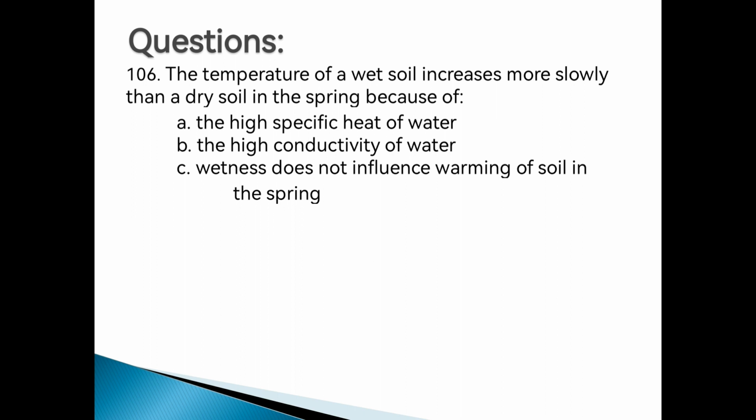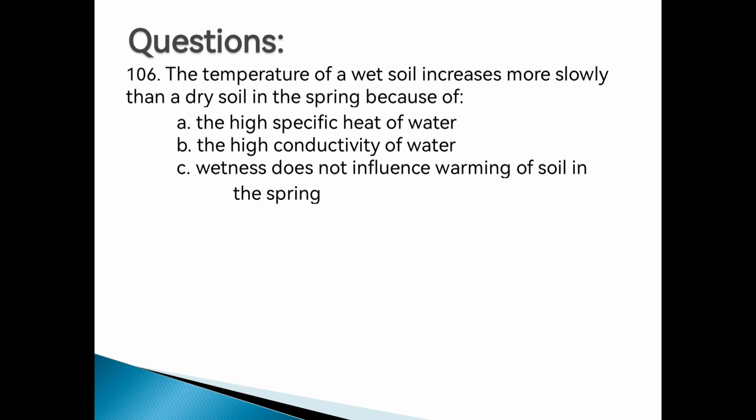106. The temperature of a wet soil increases more slowly than a dry soil in the spring because of A. the high specific heat of water, B. the high conductivity of water, C. wetness that does not influence warming of soil in the spring.